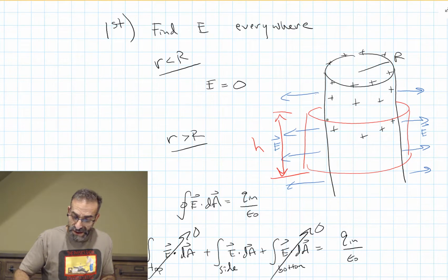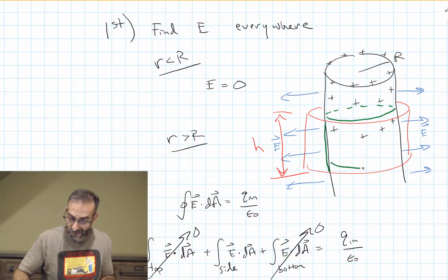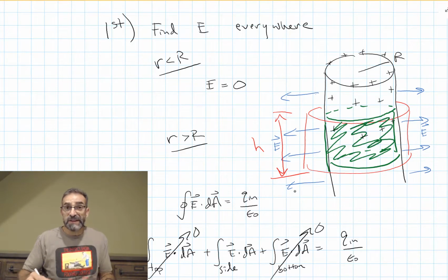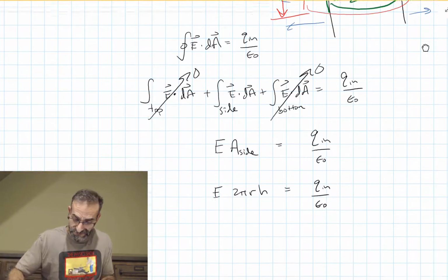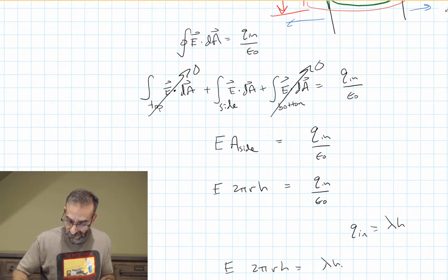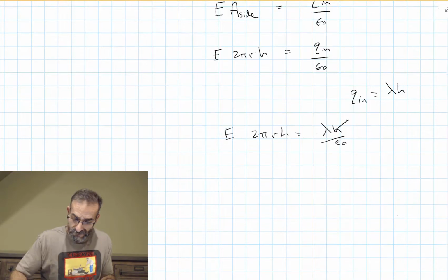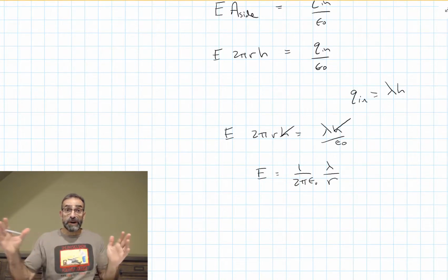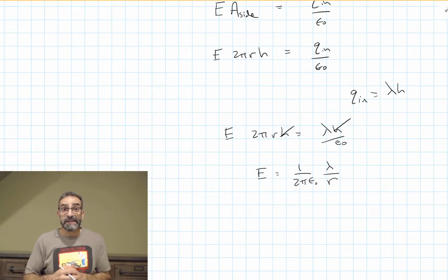That's all the charge in here. So it's the height h multiplied by lambda, the charge per unit length on my cylinder. The h's cancel, and the electric field drops off as 1 over r as I move away from the cylinder.